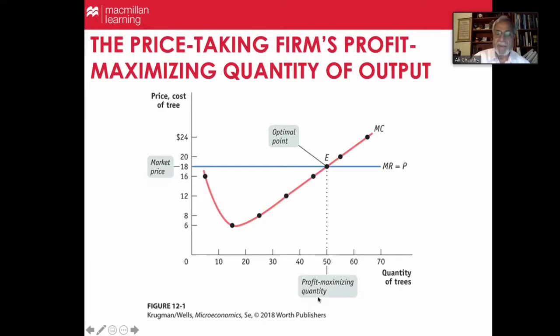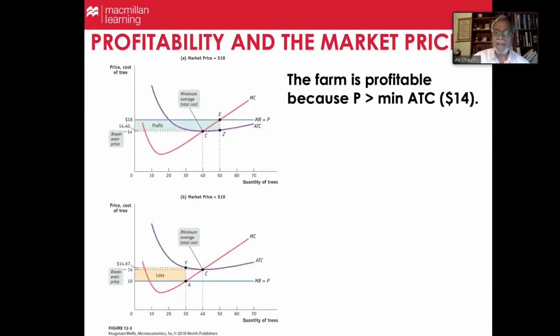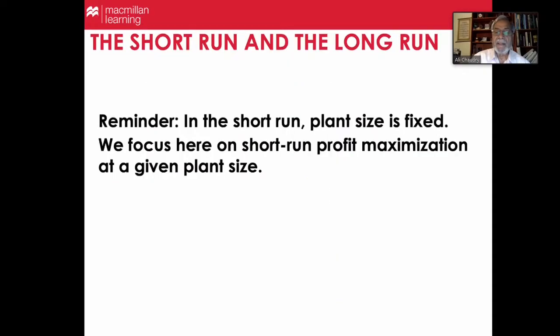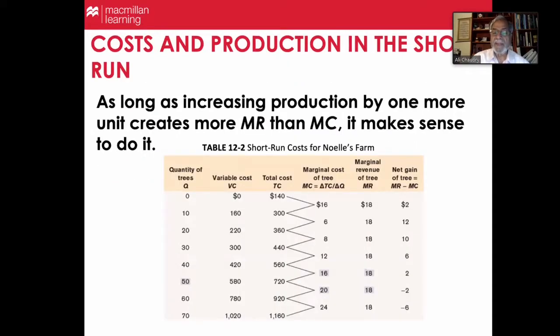In fact, let's go back to the table and see the numbers, okay? Let's look at this marginal cost. See, we're starting off at 16, dropping down to 6, and then beginning to go up to 8, 12, and 16 again, and then 20 and 24, and so forth, okay?